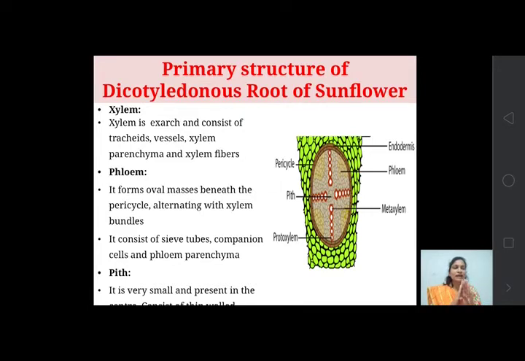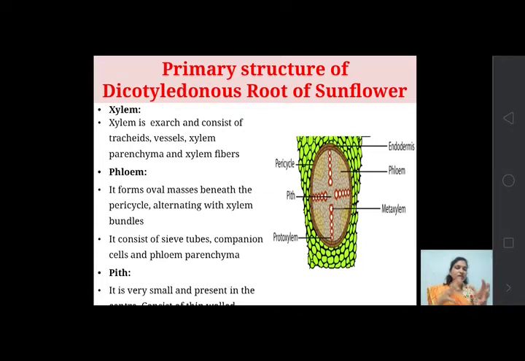Phloem sclerenchyma or phloem fibers are absent in roots; they are only present in the stem region. Only 3 different cells form the phloem tissue: sieve tubes, companion cells and phloem parenchymatous cells. They are present in a group, forming a mass. So this is the phloem.